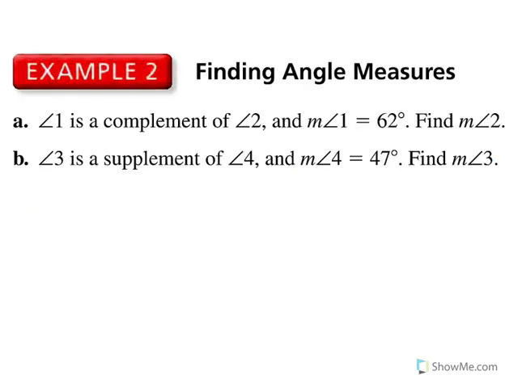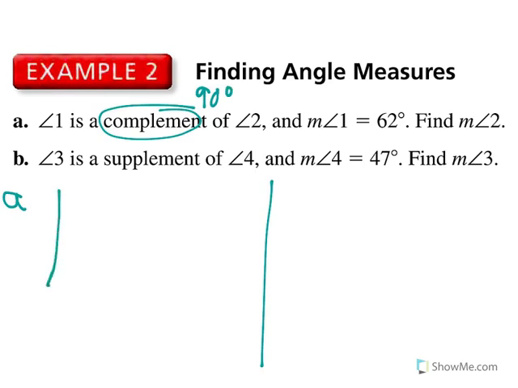Now we're going to look at another problem. We have example 2, where we're going to have some word problems. In A, it tells me that angle 1 is a complement of angle 2. Complement means 90 degrees. If I wanted to draw them together, I would have a right angle with some ray down the middle, and this one I could call angle 1, and this one I could call angle 2.